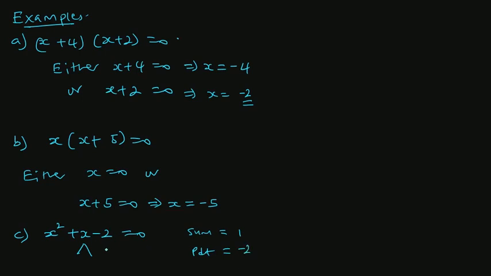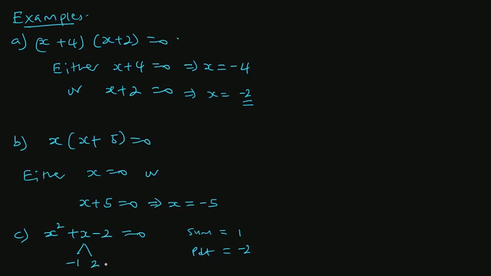So we look for the factors of negative 2 that add up to 1. My factors of negative 2 will be negative 1 and 2. You see, when we add negative 1 plus 2, we get a 1.